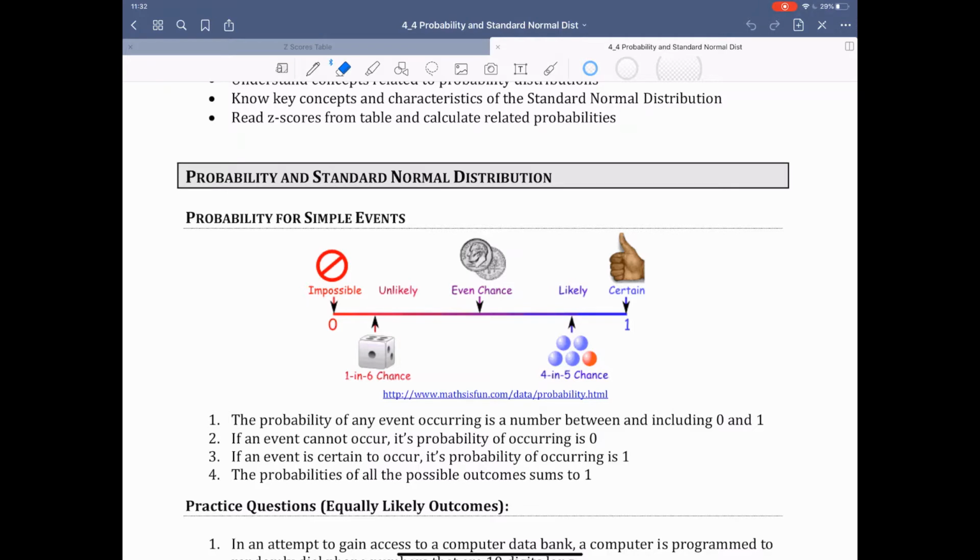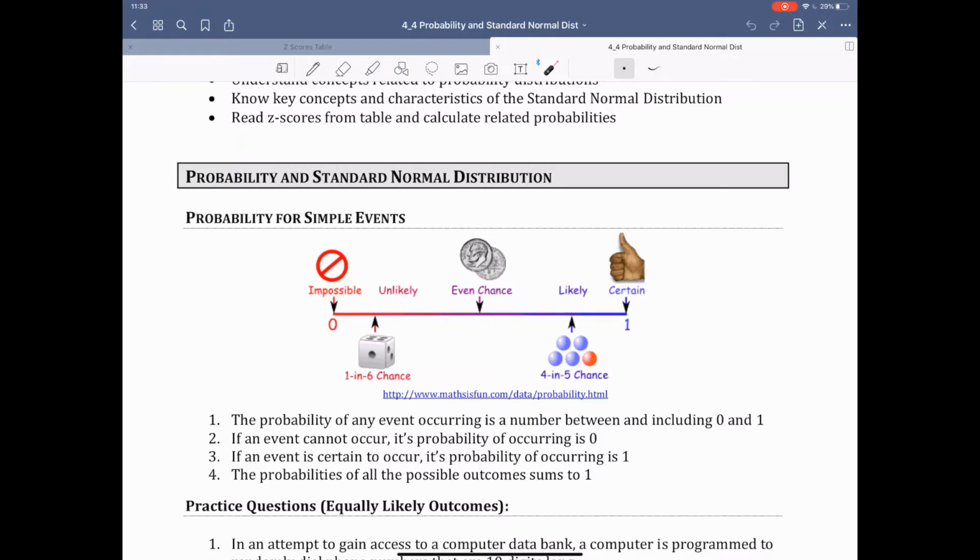The probability for simple events, you have a full range of things that can happen. An event can be impossible to occur, in which case we say that it has a 0% probability, or it can be certain to occur. So we have impossible at one end of the spectrum and certain to occur, which is where it's 100%, or written as a decimal, it has a value of 1.